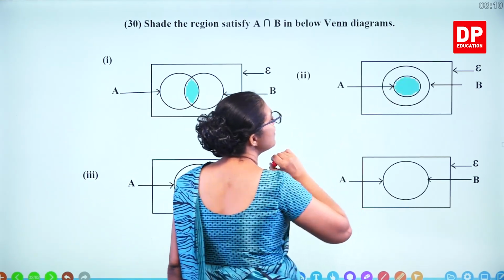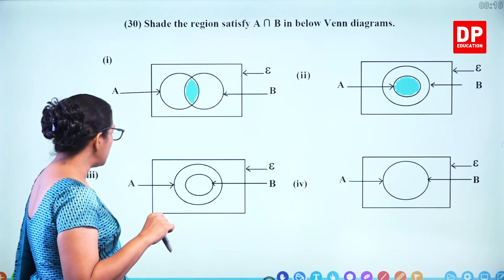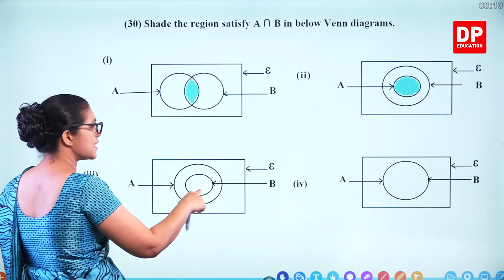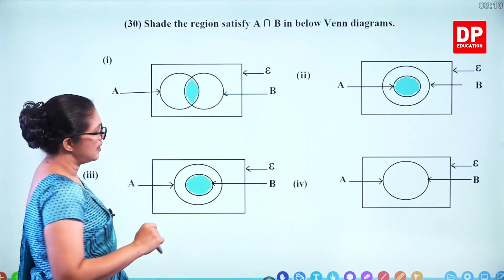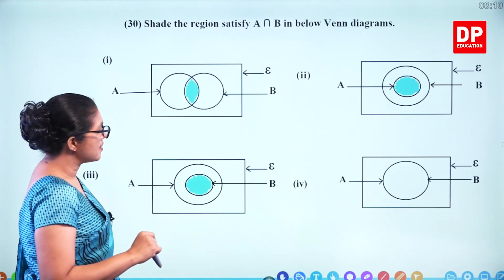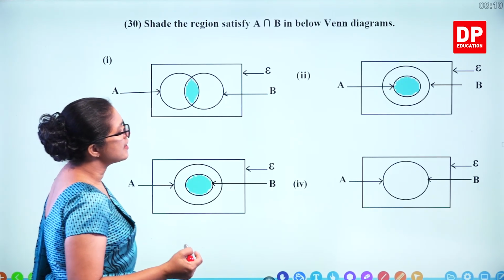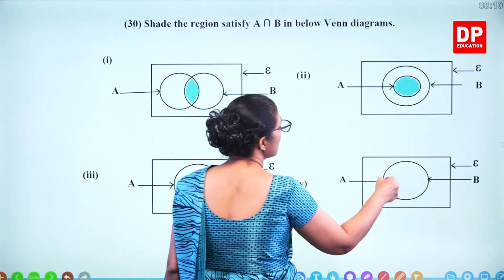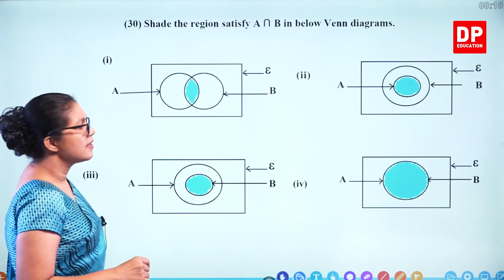So the common region is this. What's the common region here? B is a subset. All the elements in B are in A as well. This is the intersection. And A intersection B, both are the same. So that's the common region.